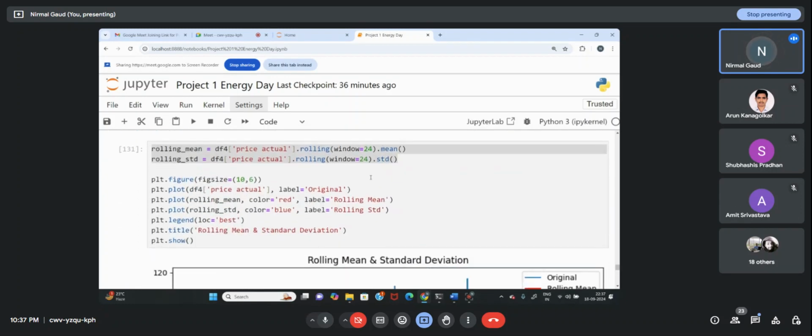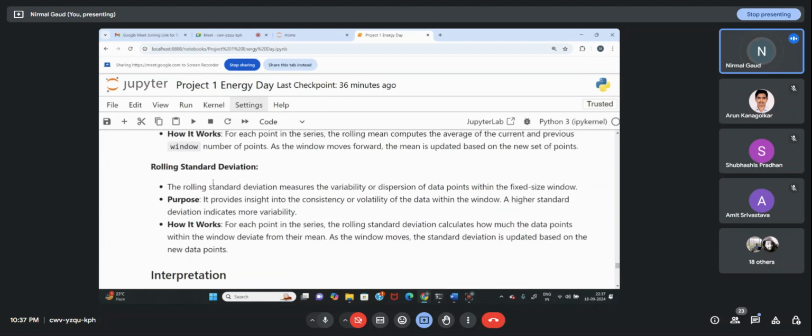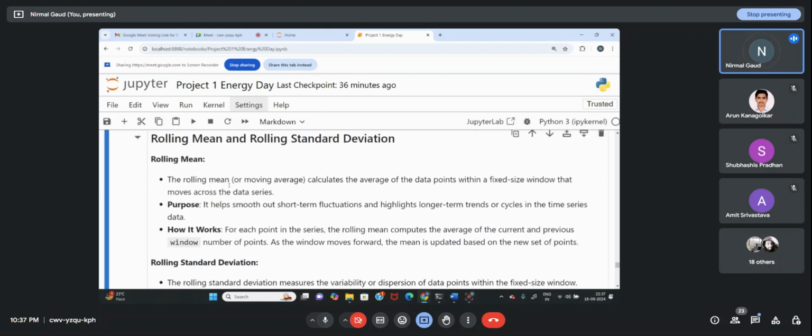And yeah, I took the rolling mean and the rolling standard deviation. That's what you have to take. Rolling values also you have to take, very much important. Why rolling? Now, let me tell you what rolling is. Rolling means moving average, which calculates the average of the data points within a fixed window. Okay, we consider a moving average of the data points within a fixed range.